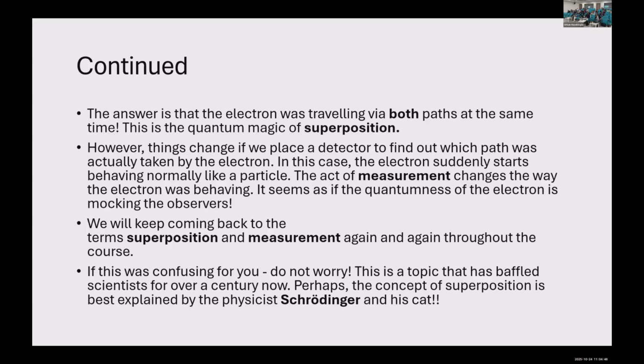We will keep coming back to the terms superposition and measurement again and again throughout the course. If this was confusing for you, do not worry. This is a topic that has baffled scientists for over a century now. Perhaps the concept of superposition is best explained by the physicist Schrödinger and his cat.